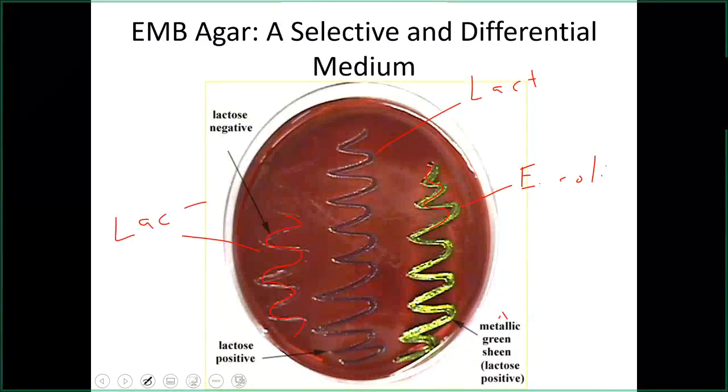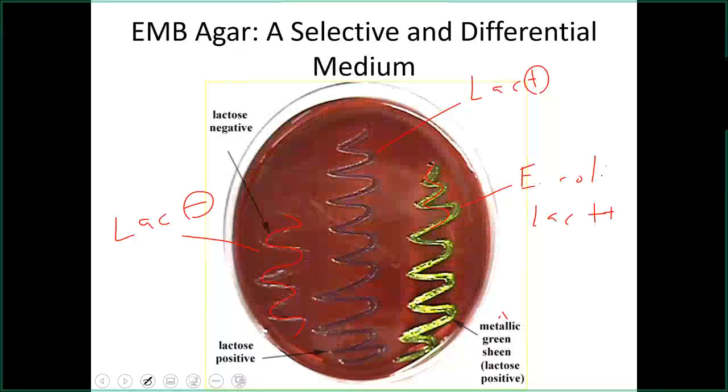Right? So we've got lactose negative, a lactose positive, and then E. coli. We could designate that maybe with 2 pluses because it's a very strong lactose fermenter, or whatever that organism is. It could be some other one of those. All right, does that make sense? So that's EMB, eosin methylene blue agar.